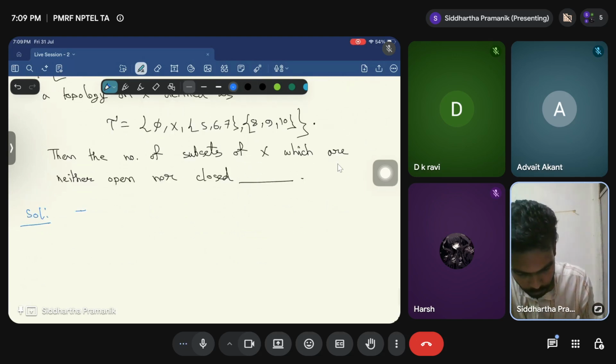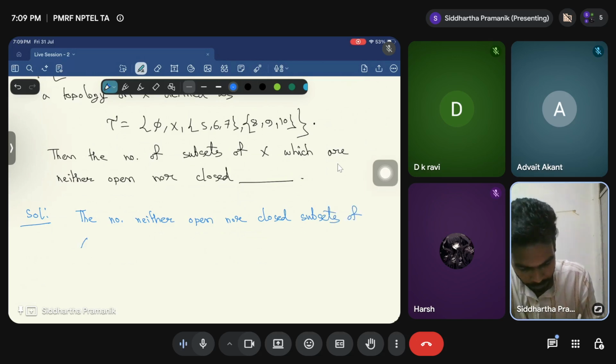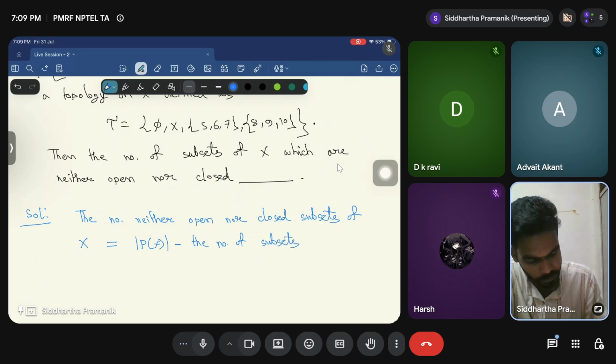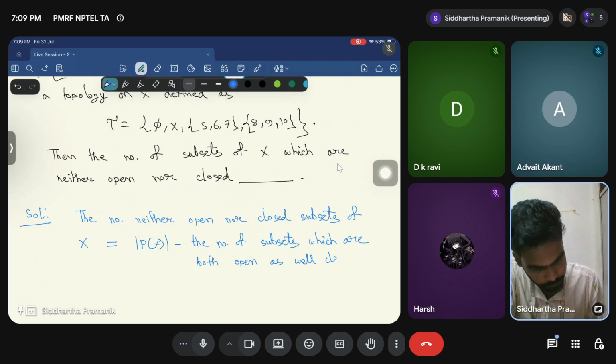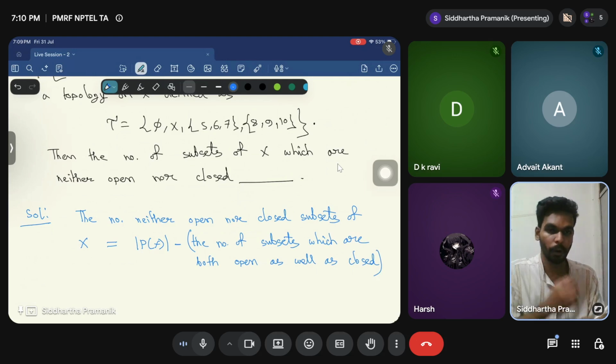The number of neither open nor closed subsets of X is exactly equal to the total number of subsets minus the number of subsets which are both open as well as closed. Okay, so we need to count the complement.